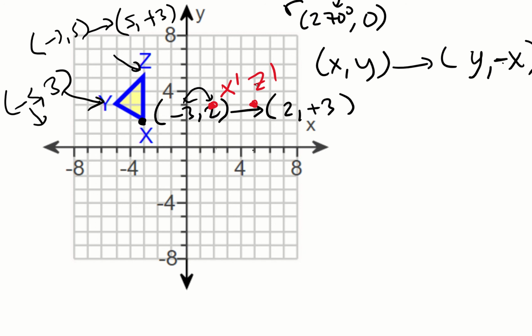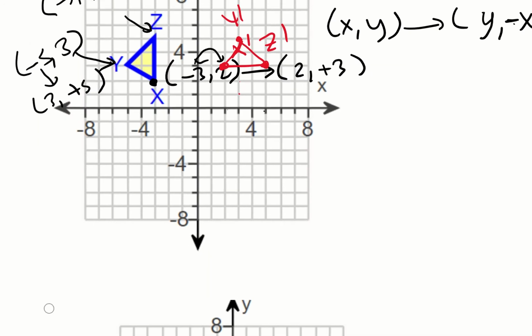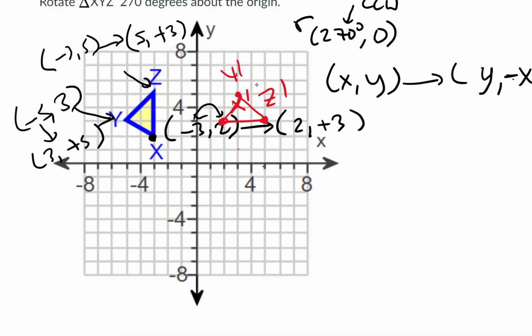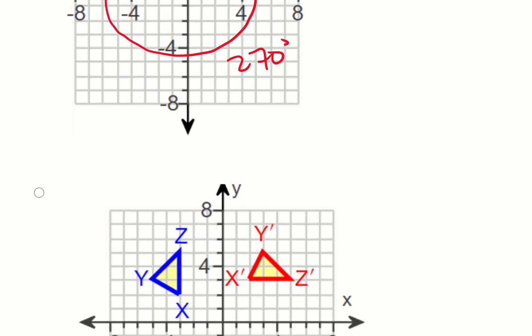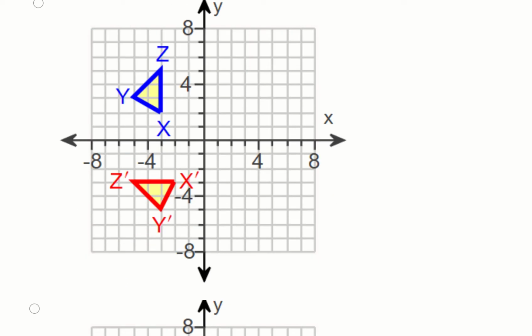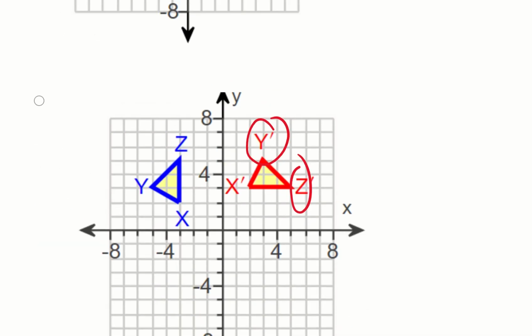So I switch them, and then change the sign of this guy, so it's going to be 3, 5. And that's my triangle. So this is rotated 270 degrees counterclockwise about the origin. Y prime is on top, Z prime is on the right. And so that's my answer right there.